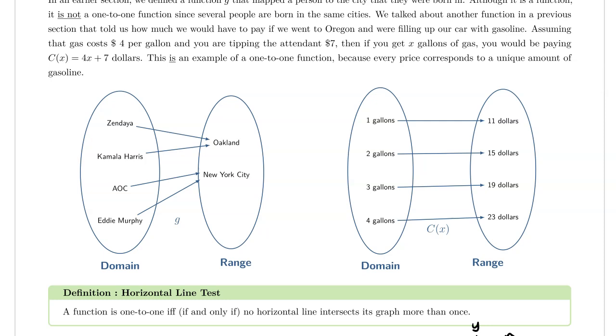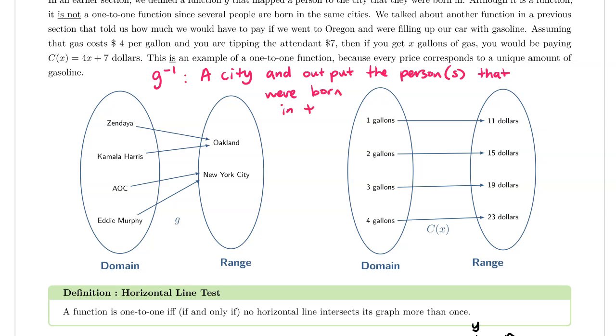If I were going in the other direction, coming up with some function g inverse, this would take a city as the input value, and the output value would be the person or persons that were born in that city.